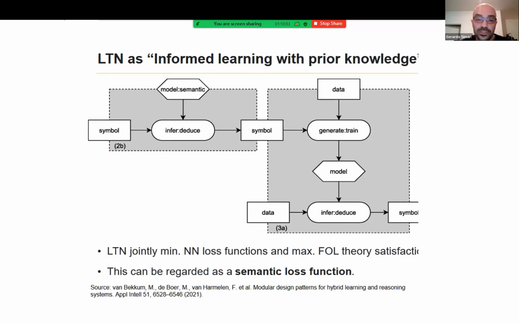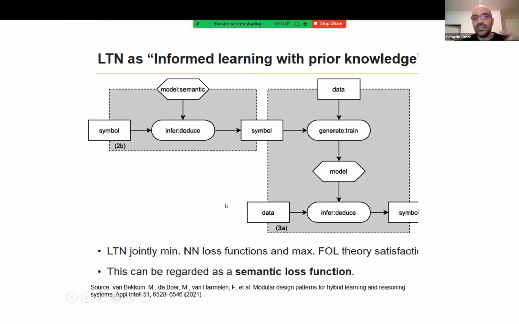And there's this newer classification or categorization that extends Kautz's taxonomy, where they look for templates. So you have the paper down here, where you can see that because LTNs jointly minimize neural network loss functions and maximize first-order logic theory satisfaction, this can be seen as a kind of semantic loss function.